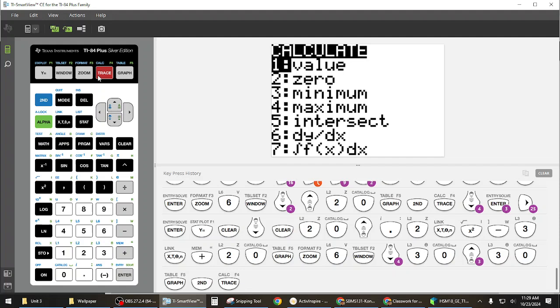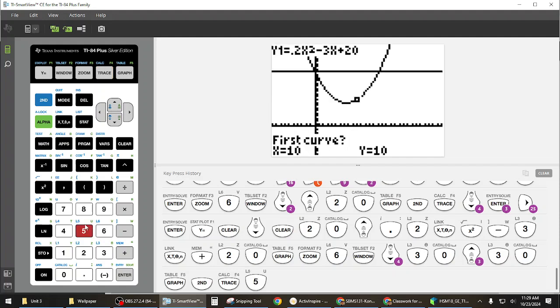So calculate, second trace, and we're looking at 5. Remember, the calculator needs to know, is this the equation you want me to use? So when it says curve, it's saying, is this the one that I'm looking for? Yes. So just hit enter on that one, and then make sure you're telling it to look for the right point of intersection.